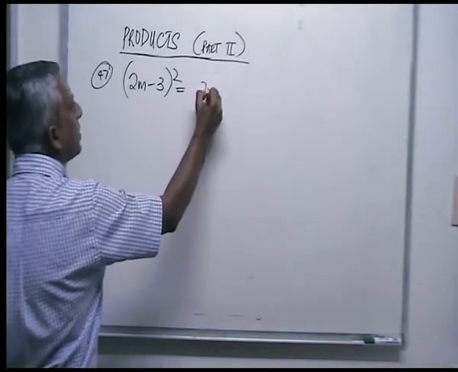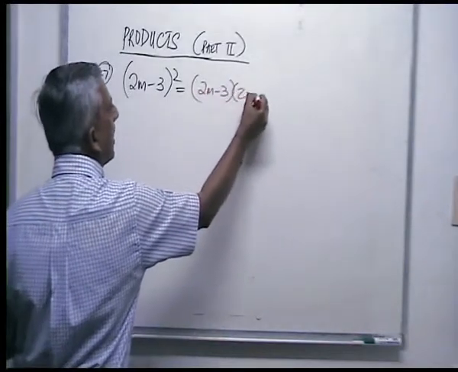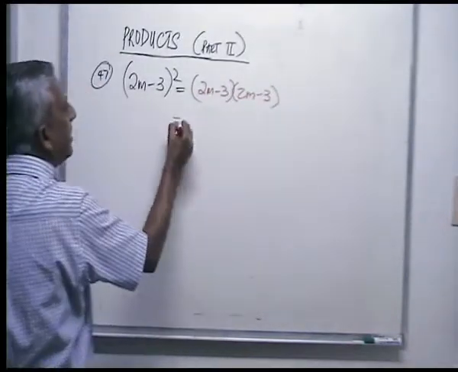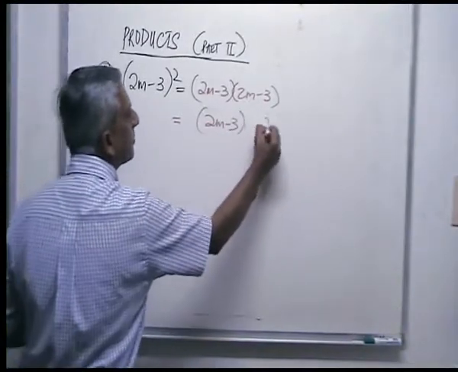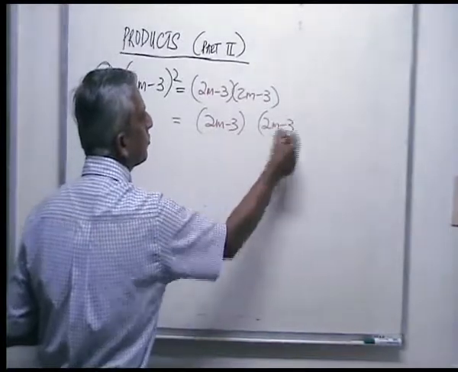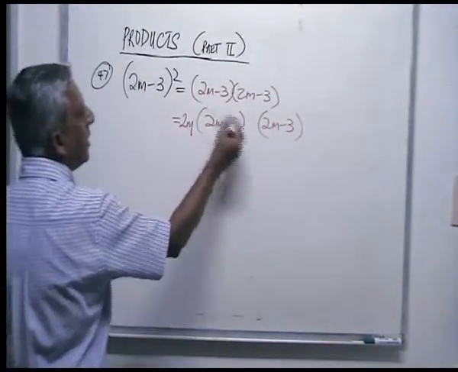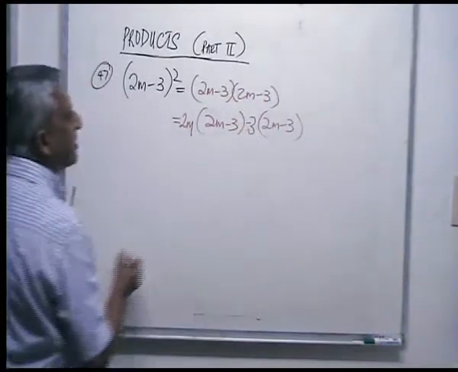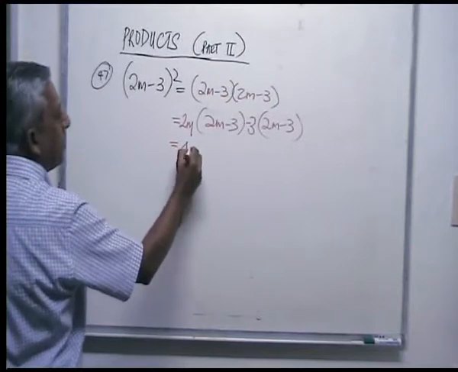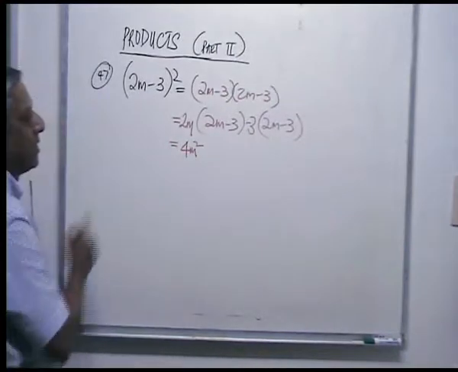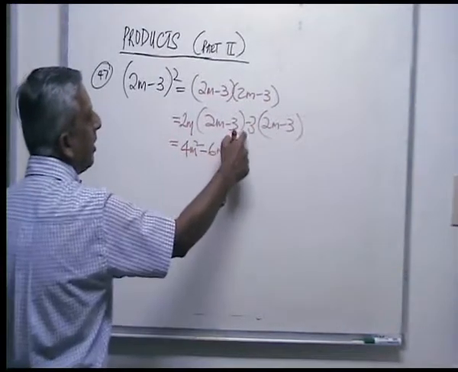Alright, so you wrote 2m minus 3 into 2m minus 3. Then you have to write the second bracket 2 times. And in the front here you have 2m. In the middle here you have minus 3. Now 2m times 2m gives you 4m squared. 2m times minus 3 gives you minus 6m.